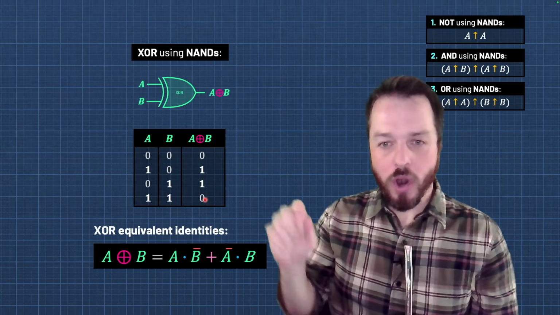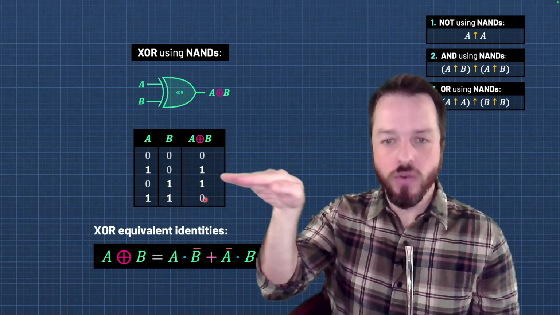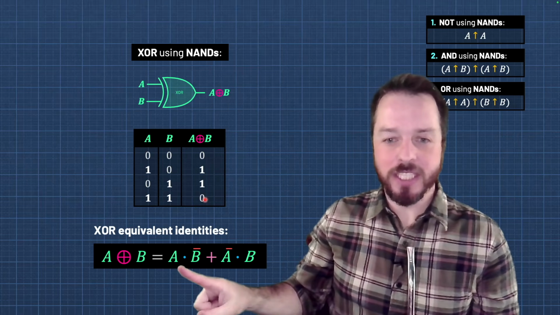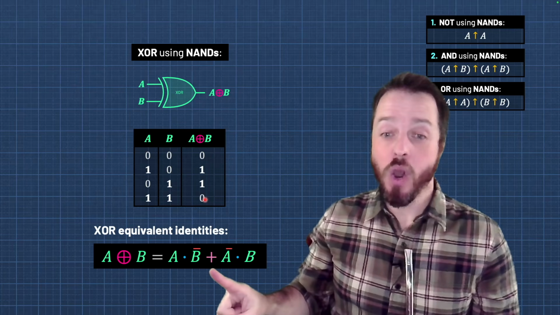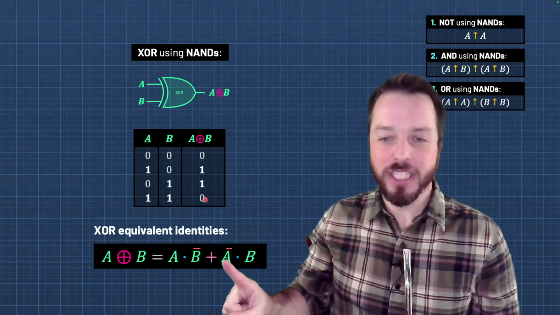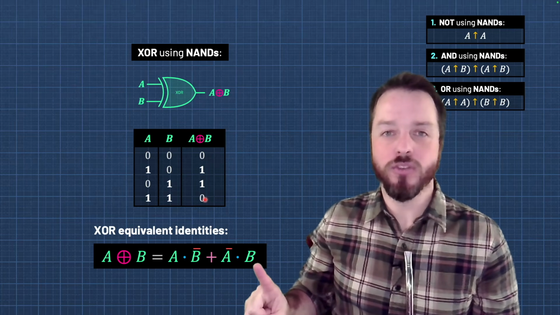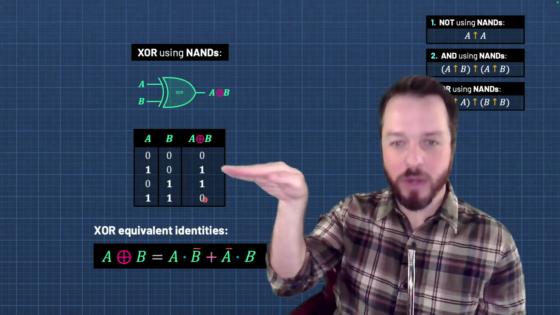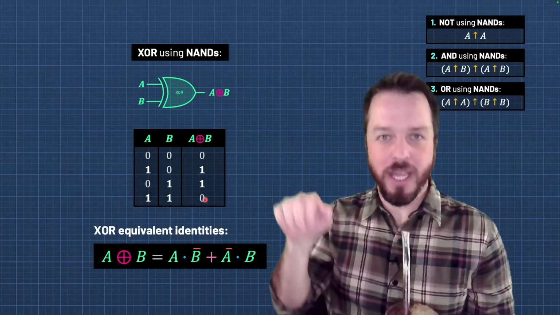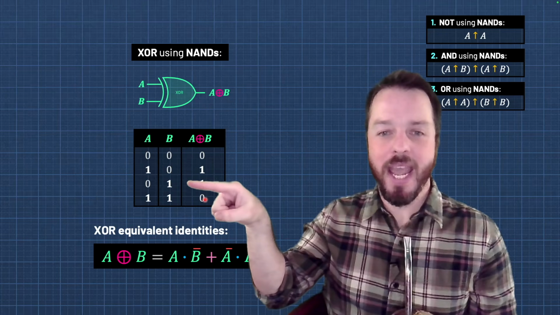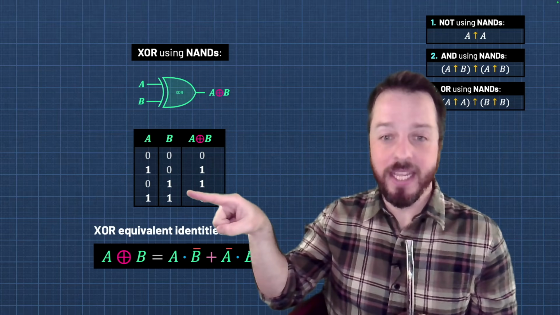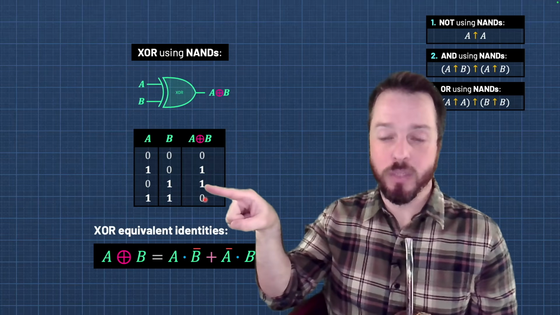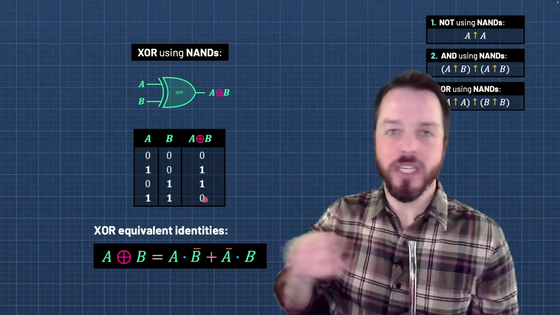The exclusive OR is only true when the first input is true and the second input is false, or when the first is false and the second one is true. That is exactly what we have here in our truth table. When A is 1 and B is 0, then XOR is 1. When A is 0 and B is 1, XOR is 1. Any other option is false.